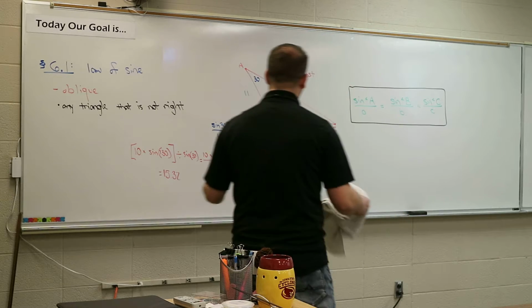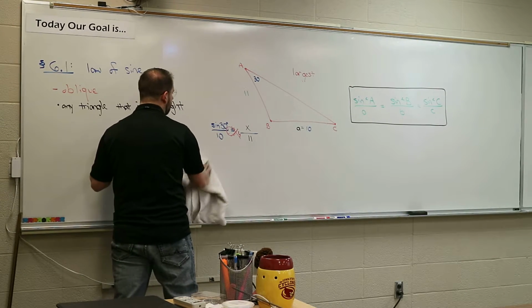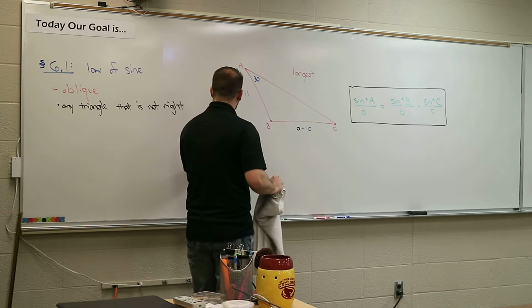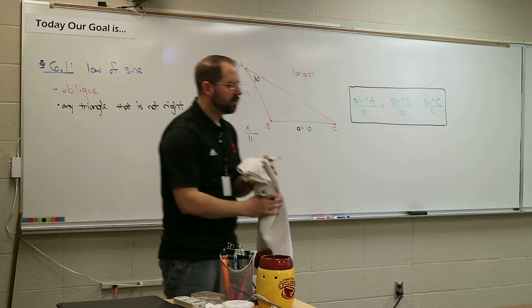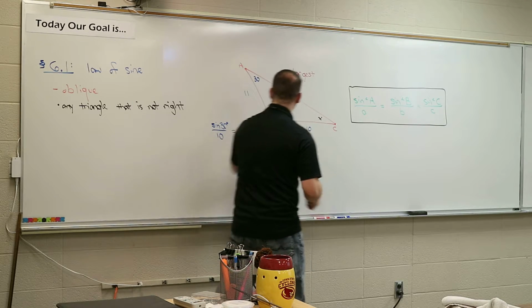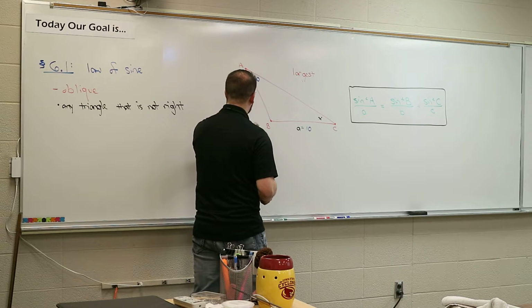Now, again, this is a brand new problem. It's not based on the last one, so I'm not going to guarantee this will be 20 because I'm making up the 11. So again, brand new problem. If you're redrawing this, I'm not doing the same exact triangle, so I don't know what angle B is anymore. But I want to find angle C, this one. So when you do this problem, this is the part you have to have sitting here. And this is the part that a lot of people always get wrong.